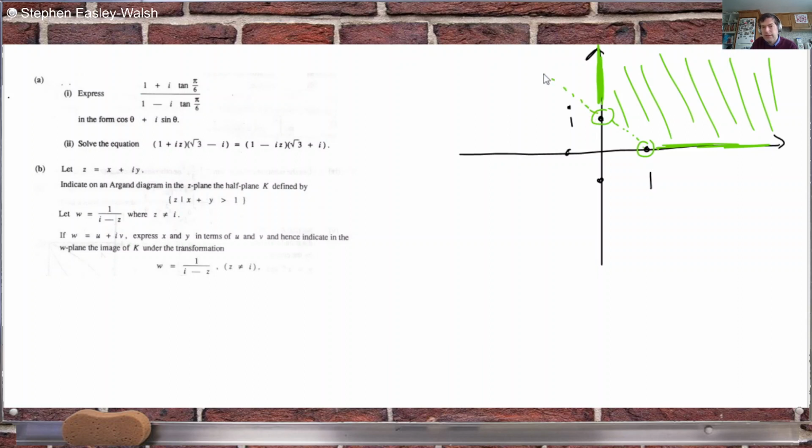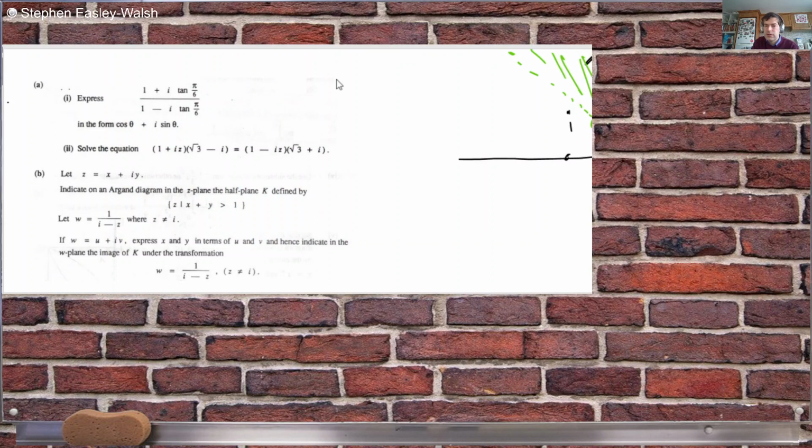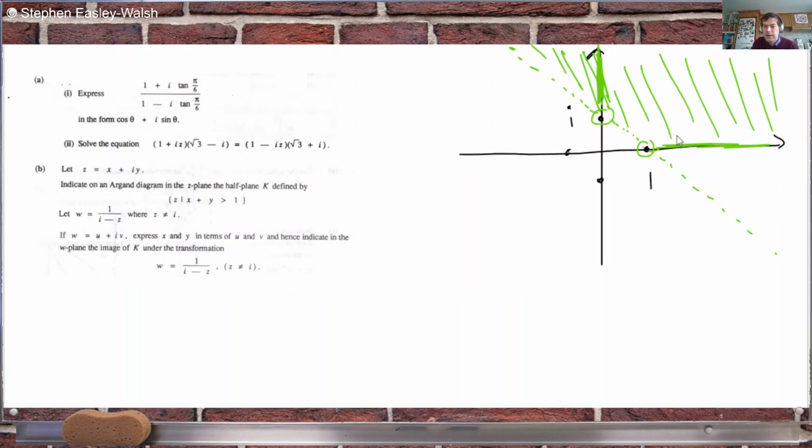So, oh yeah, so actually I can extend that out here. Whoops, it's more like this then. Yeah. So it's at this 45-degree line. Has to be above it then. Okay.